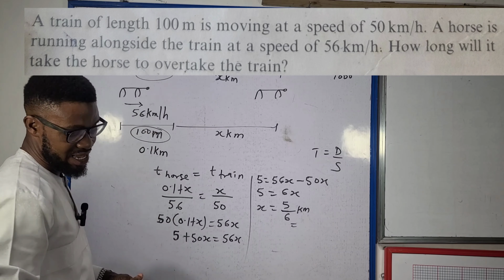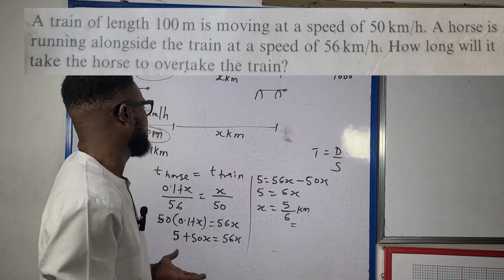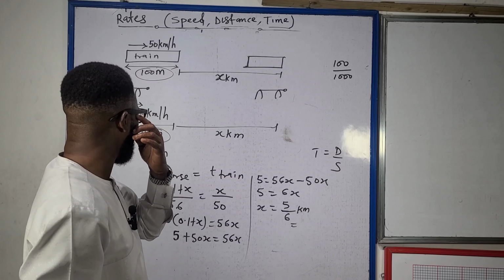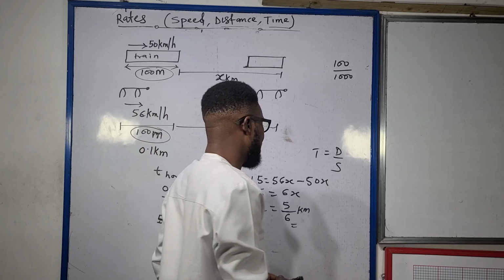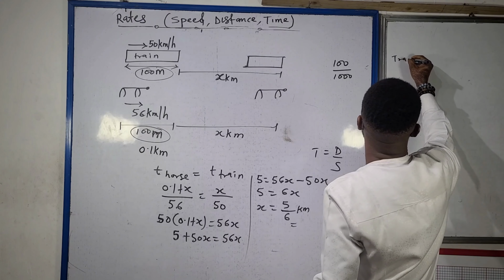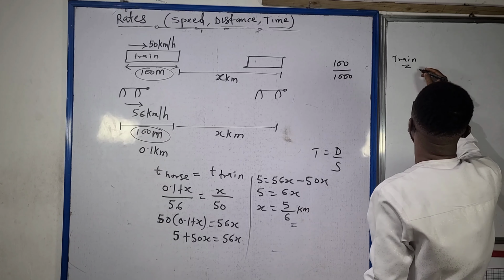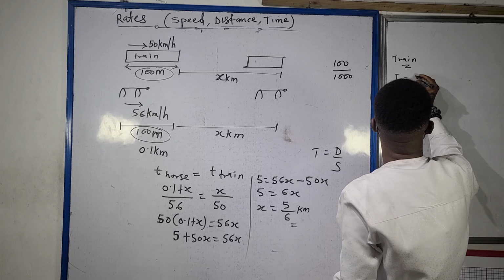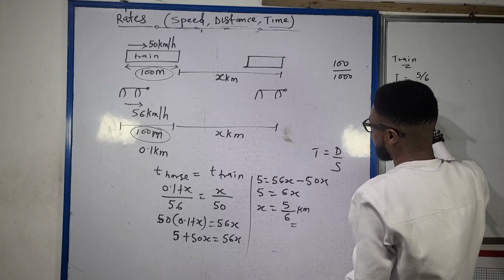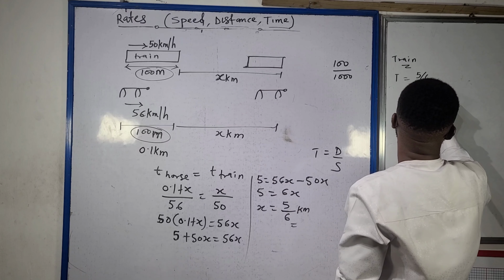So with that, in the question we were asked, how long will it take the horse to overtake the train? So with this, we can now calculate our timing. This is the timing for the train, which is x over 50. x is 5 over 6, so the time is the distance 5 over 6 divided by the speed, which is 50.